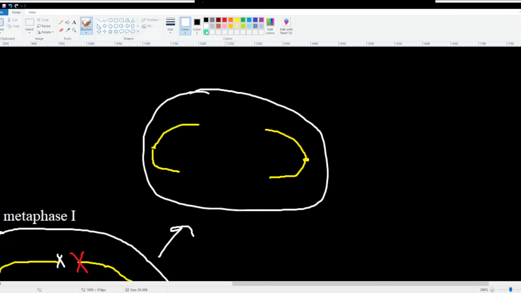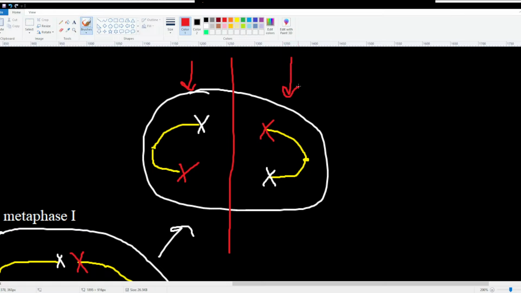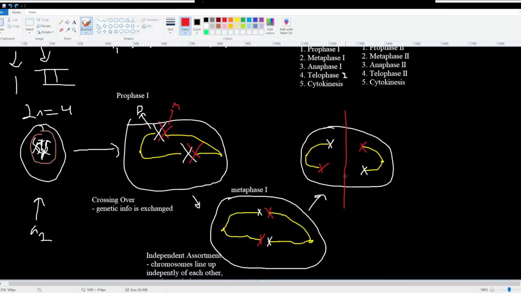And also notice here that in this case we're not separating sister chromatids, we're separating homologous chromosomes. So now here we could see the distinction, right? Now on this side we have two chromosomes, and then on this side we have two chromosomes as well. So now we're starting to make n equals 2, which we'll get into after meiosis 1 is done.